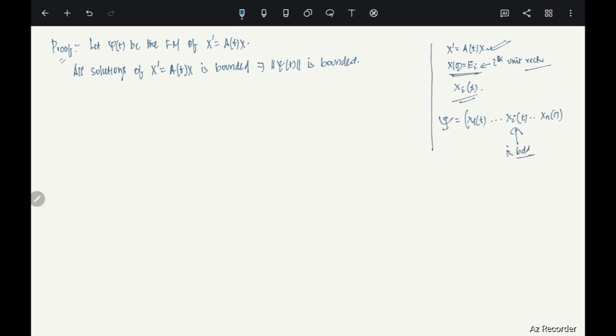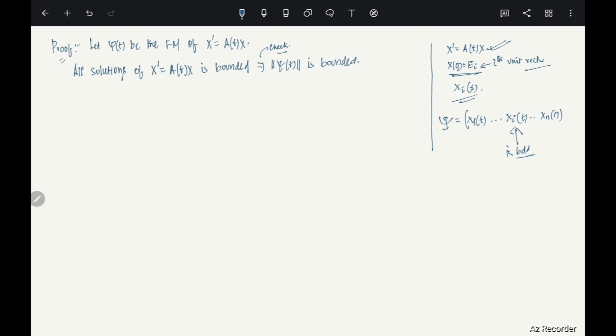If each component is bounded, of course Φ has to be bounded. This is trivial, so please check this part. I gave you everything; you just have to do some calculation. Every component is bounded, so the matrix has to be bounded.